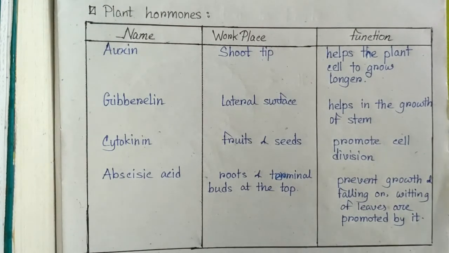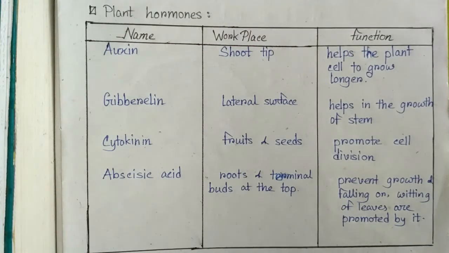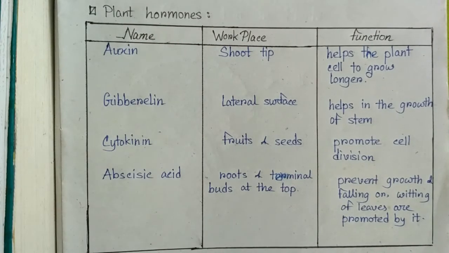The specialty of auxin is that on whichever side of the plant is exposed to sunlight, auxin is generated there, but the work of auxin is performed at the opposite shady area, meaning in the direction opposite to the sunlight. You have to remember it very carefully.